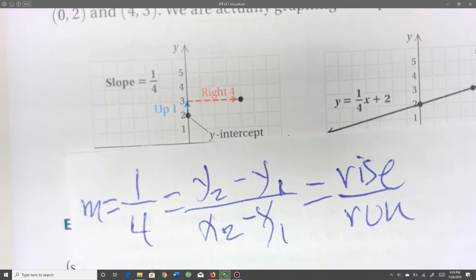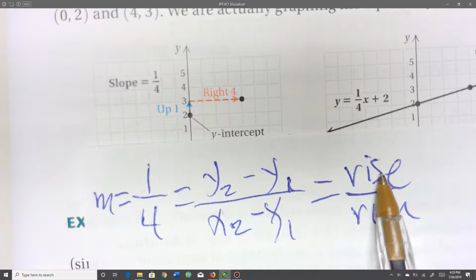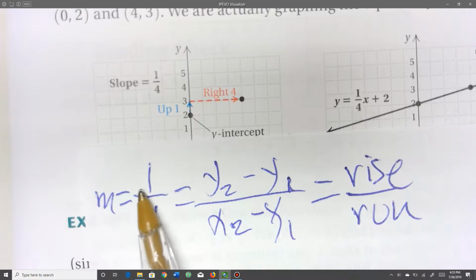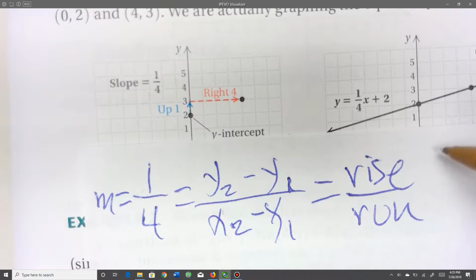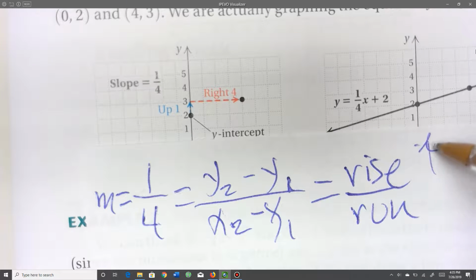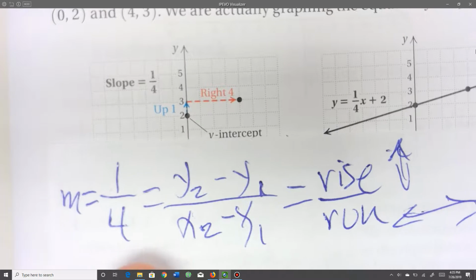That's good. Okay, so since I know that 1 is my rise, 4 is my run. My rise, again, is my y values that tell me if I'm going up or down. My x's tell me if I'm going from left to right, okay?